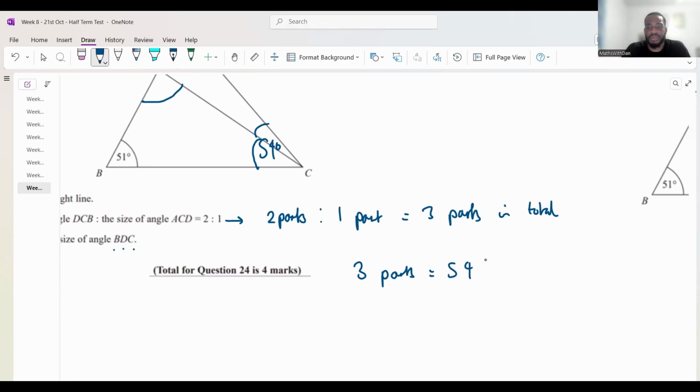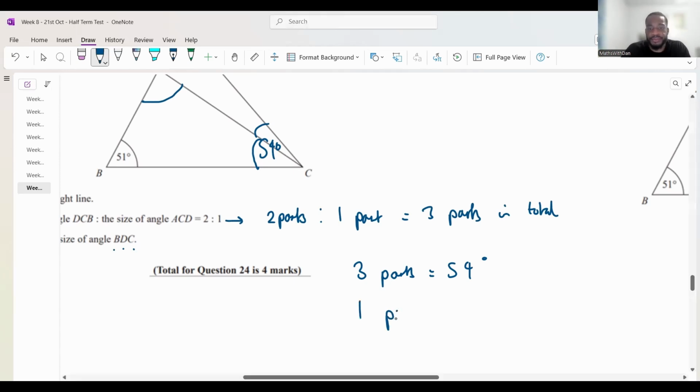Does that make sense? And now that I know what three parts is, what number of parts do I always want to calculate from here? Exactly. You always want to calculate what one part is.